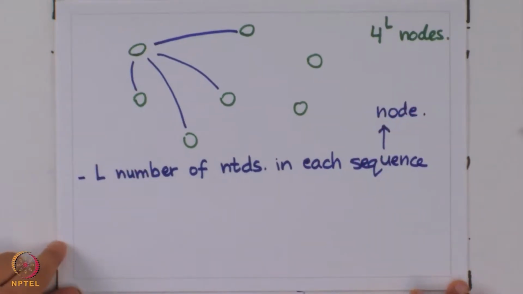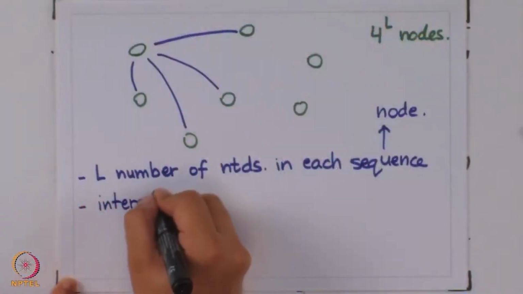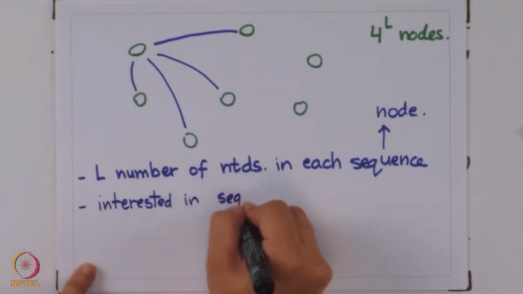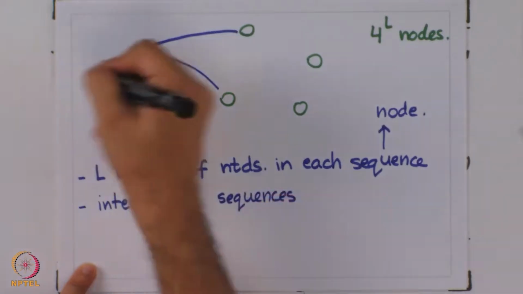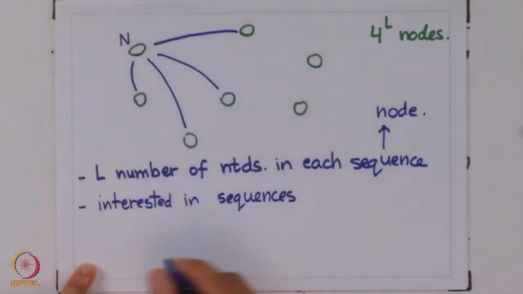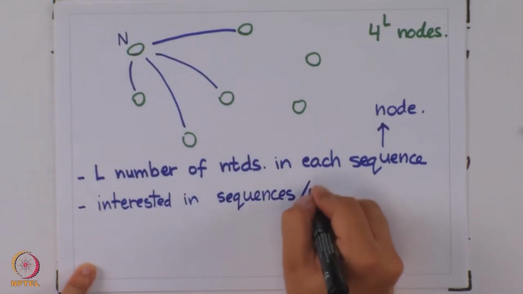Now, if that is the case and I am only interested in talking about single point mutants, nodes are connected if they only differ from one another at one particular position and are identical at the other L-1 positions. Let us give the node that we are interested in some name. So, this is node N. We are interested in sequences which are represented by nodes.